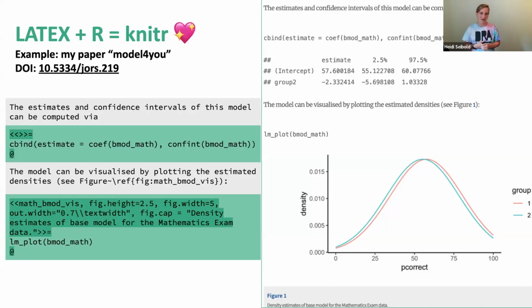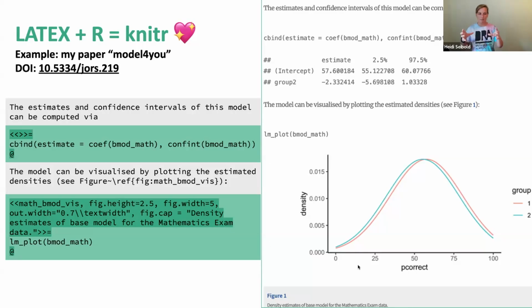What we see here in the green box creates a table with the estimates and the confidence intervals. At the bottom, you see another green box that creates the plot, and I can put in some settings, for example the figure height, the figure width, and the figure caption. This is the caption, and it's shown below as well.